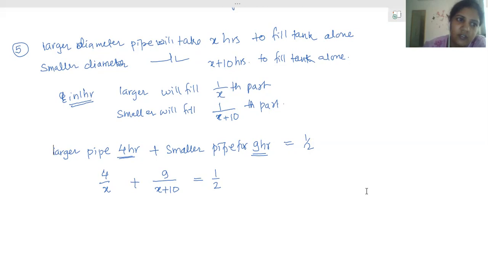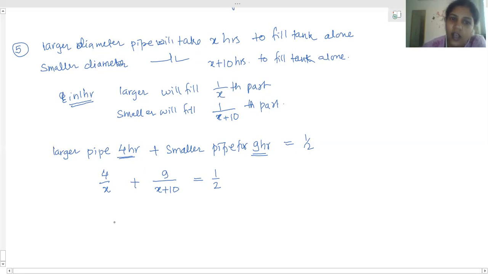Now can you solve further? Yes, ma'am. And this same question, but in terms of linear equation in two variables, was asked this year for 4 marks. And 80% of the students did it wrong.